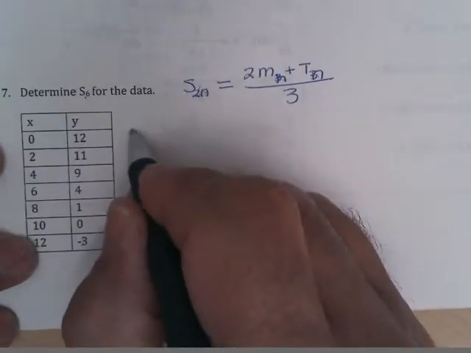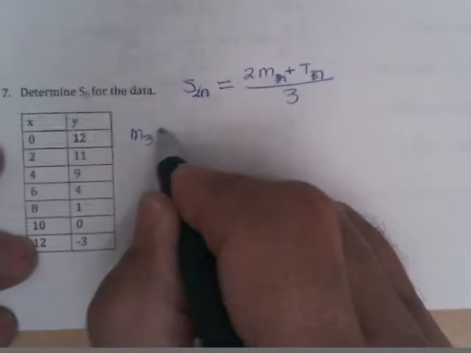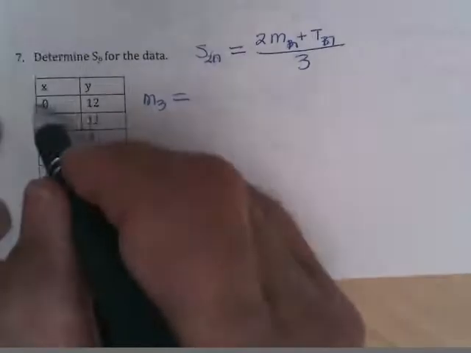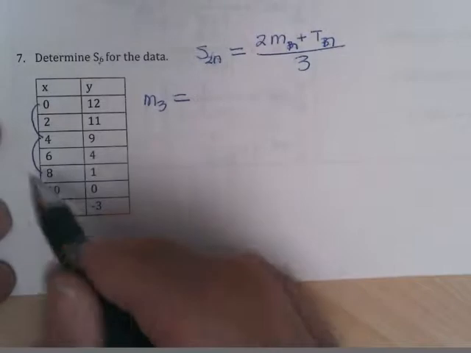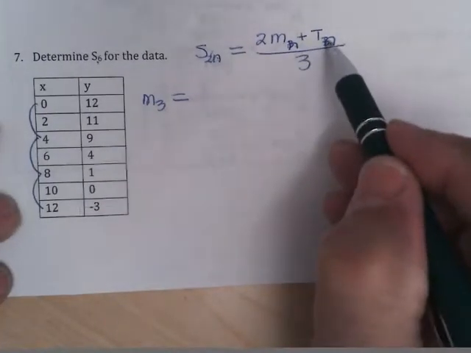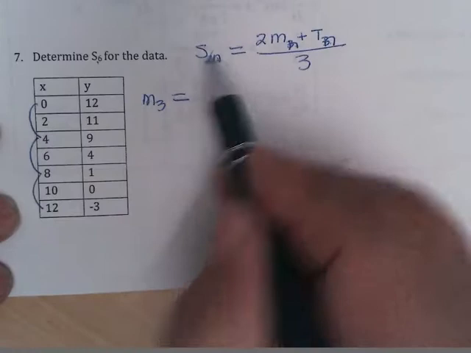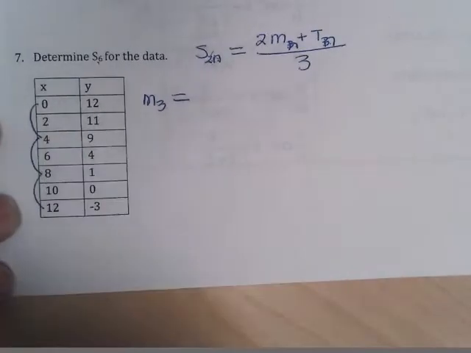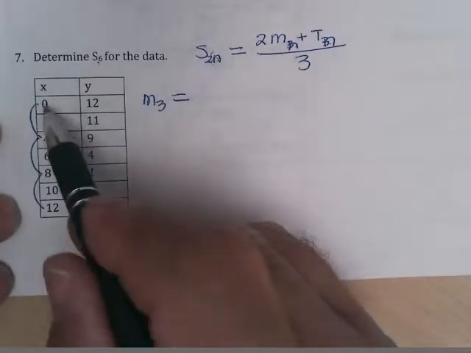So we need to find midpoint 3. So I have to split this into 3 equal intervals. 1, 2, 3. These both have to be the same. If I asked for S12, we'd have to do midpoint 6, and we wouldn't have the midpoint, so we couldn't do it. But midpoint 3 we can do.